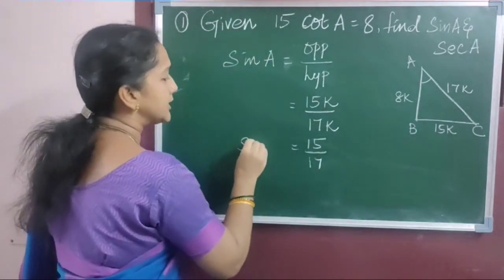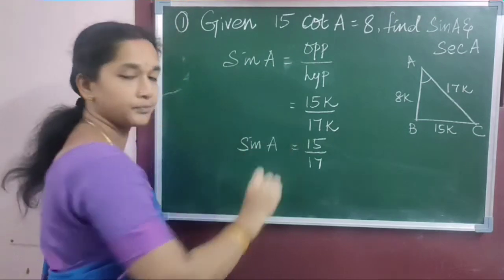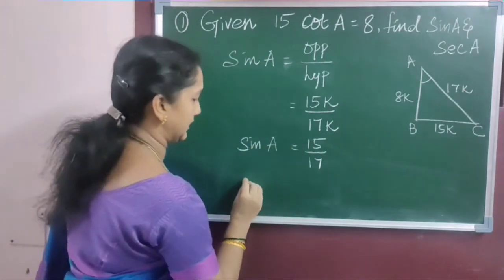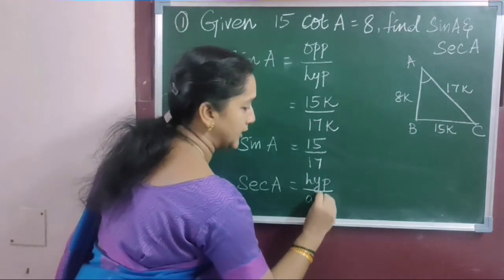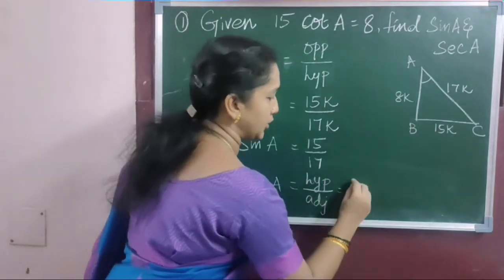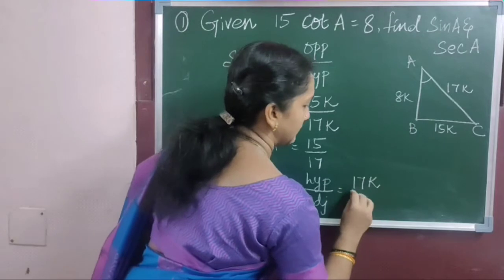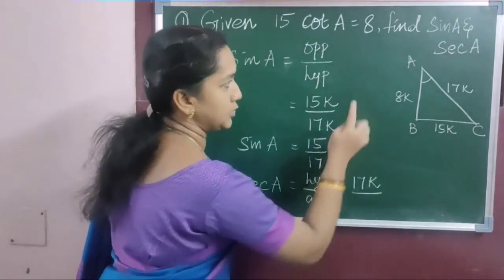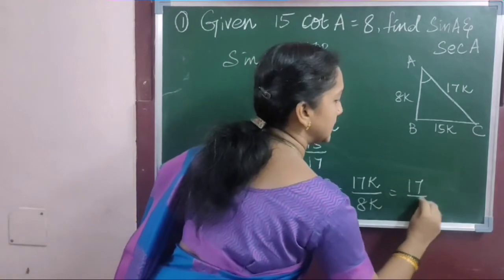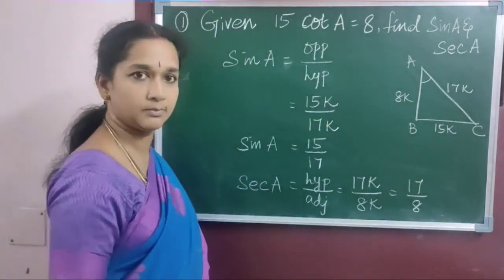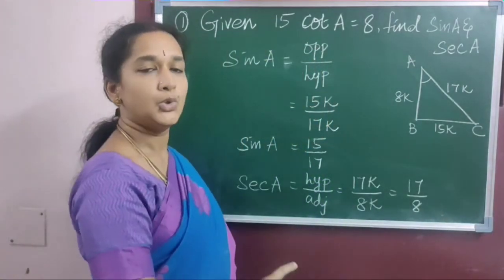So this is your sin A value. Then secant A. What is secant? Hypotenuse by adjacent. Hypotenuse is 17k by adjacent 8k. So that is equal to 17 by 8. So this is how you have to find.